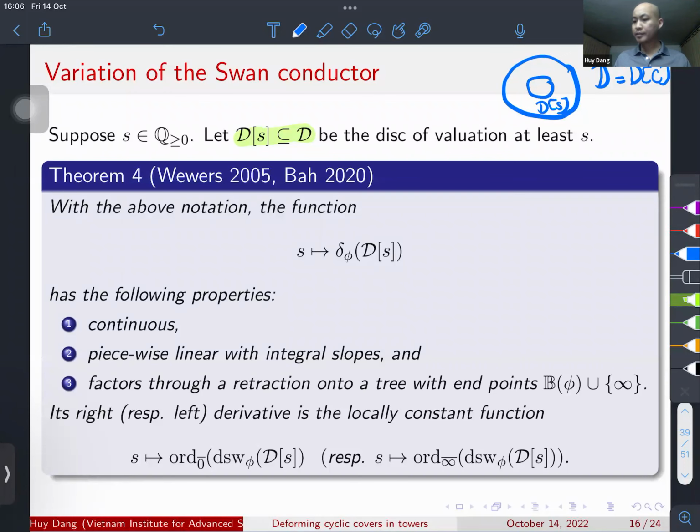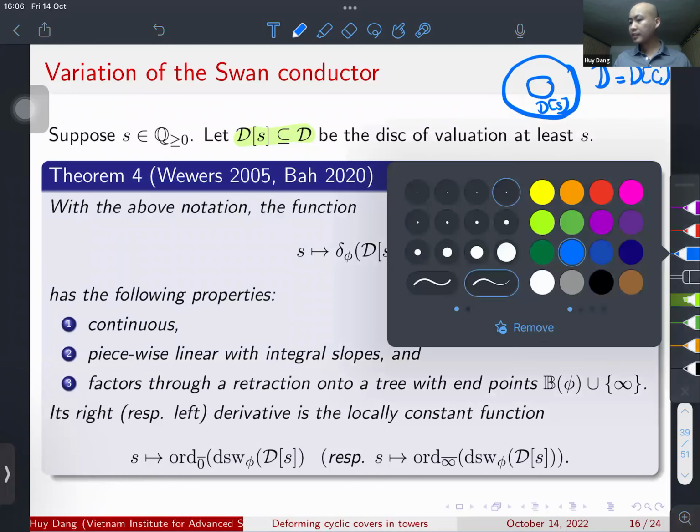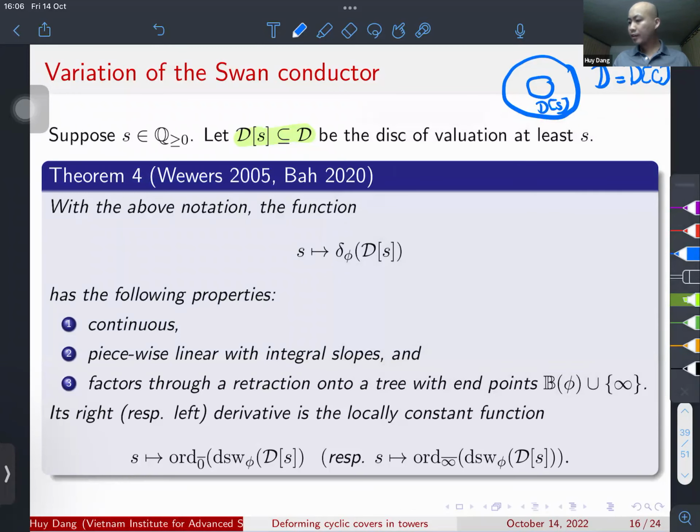Right. Then we can define a function from s to the depth Swan conductor of the restriction of the function to the subdisk. It means on the disk you have the depth, which tells you about the information on the boundary.